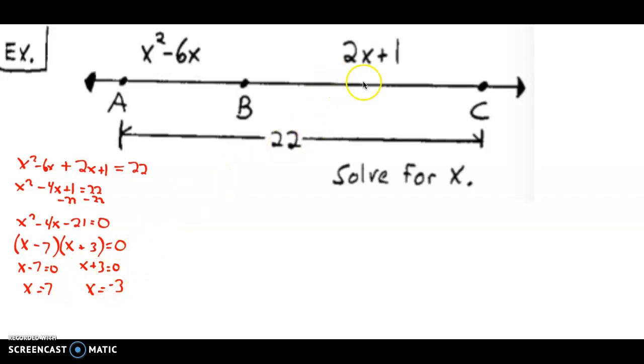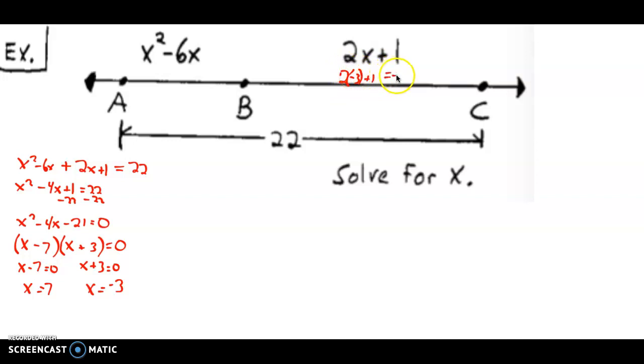But we've got to go back up to the problem. When we plug in those values of x into segment AB or into segment BC, segment lengths have to be positive. This negative 3 is catching my eye. If I plug in negative 3 for x up here in segment BC, what we're getting is 2 times negative 3 plus 1. 2 times negative 3 is negative 6, plus 1.